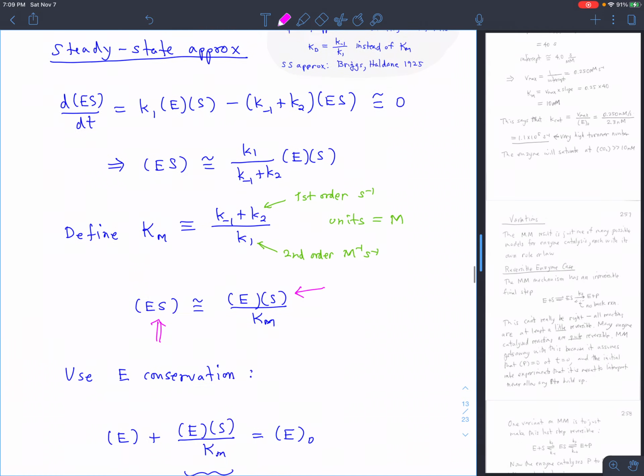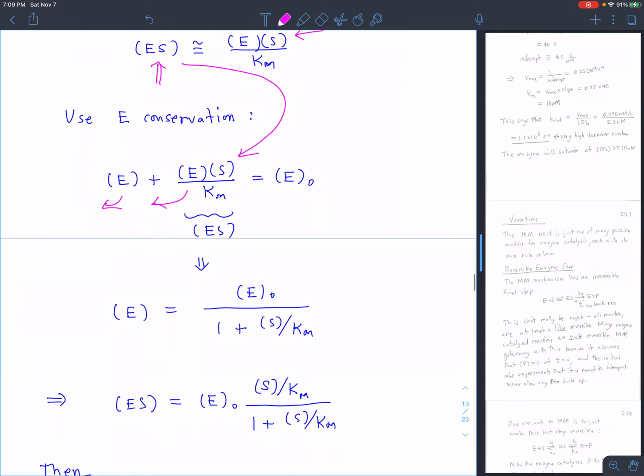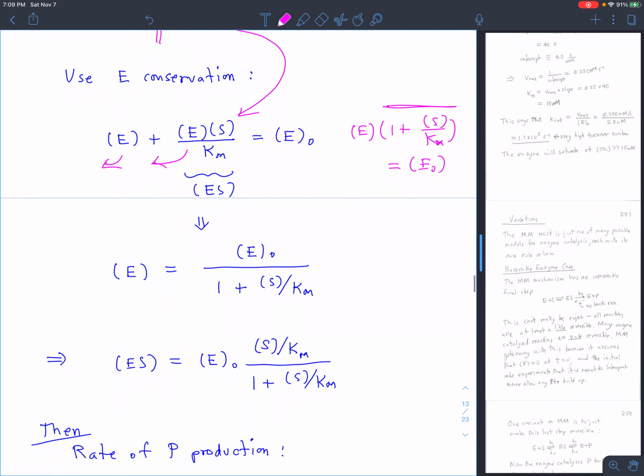This ES is in the way, so we substitute our new relationship into our conservation relationship. And now I can factor out the E and then divide through. Let me just do the steps. It's E times 1 plus S over Km is equal to E0. And now I can divide both sides by that, and that's what you get here.